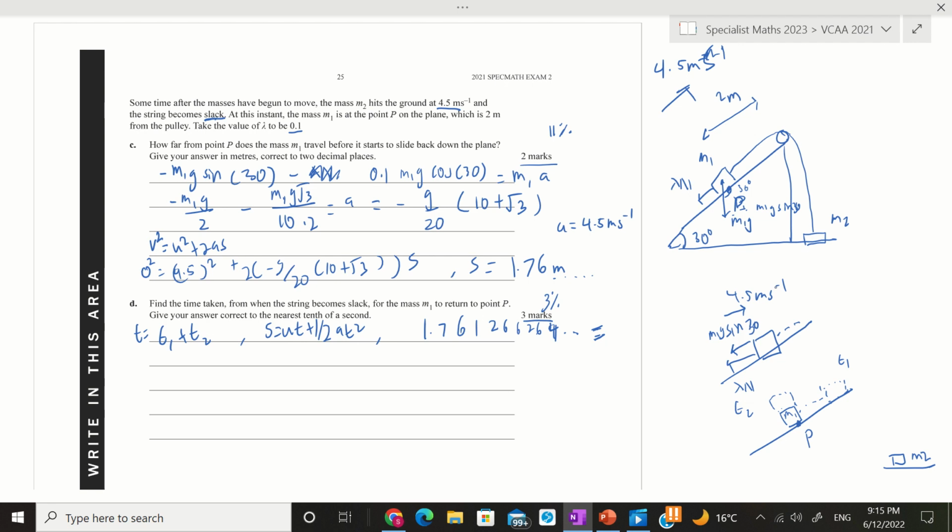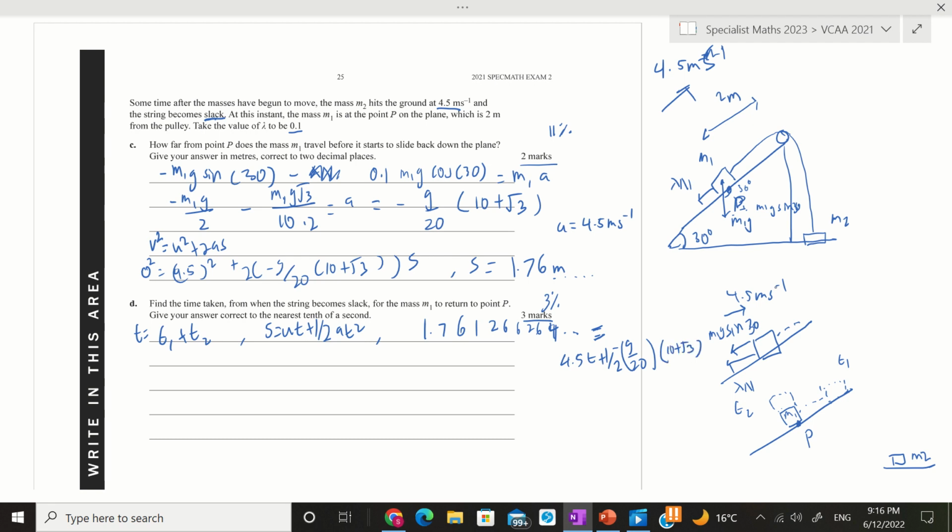Subbing everything in, our initial velocity was 4.5, times t, plus half a. What's a in this case? A is minus g on 20, times 10 plus root 3.